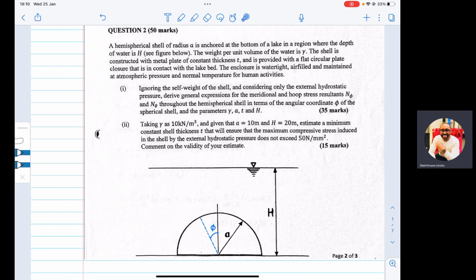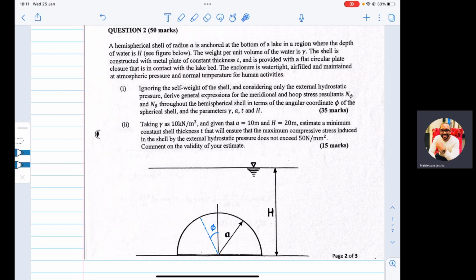So for question 1, it wants us to ignore the self-weight of the shell and consider only the external hydrostatic pressure, and derive the general expressions for the meridional and hoop stresses, and I'm going to discuss what those are, throughout the hemispherical shell, in terms of the angular coordinate phi of the spherical shell, and the parameters gamma, A, T, and H. So it's going to be fun.